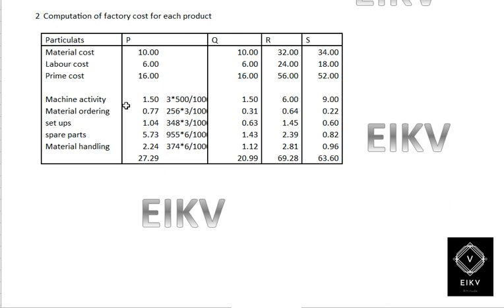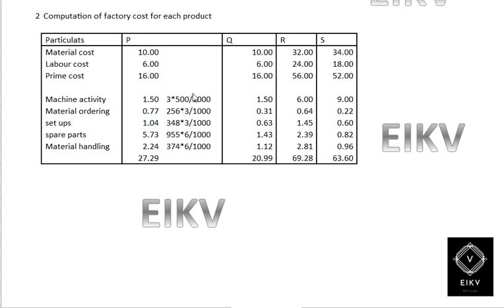Then we have machine activity, which is 3 multiplied by 500 divided by 1000, which will give you the cost per unit as 1.5.